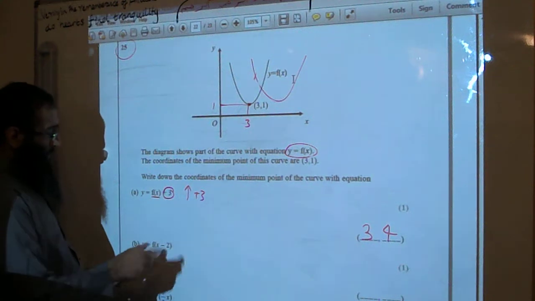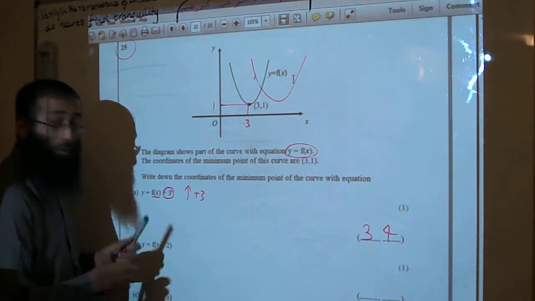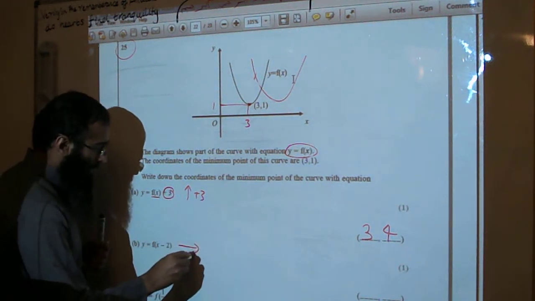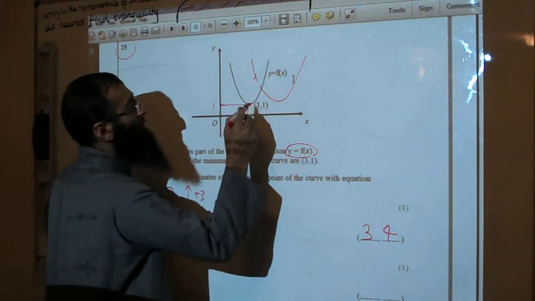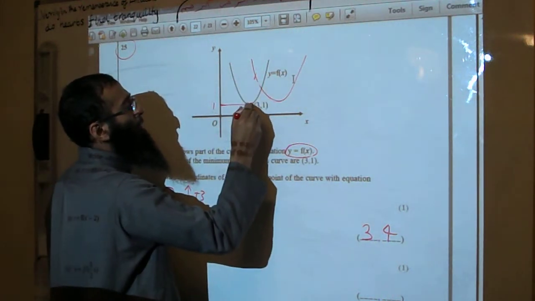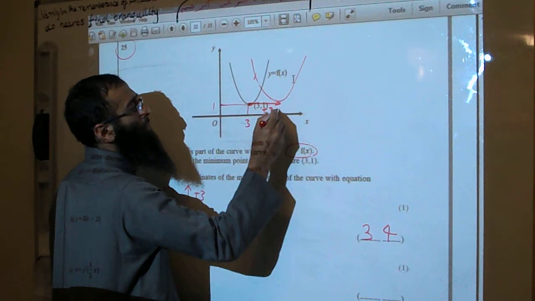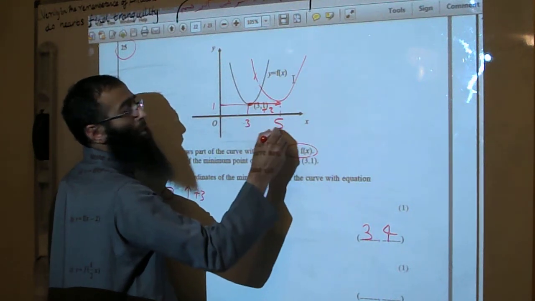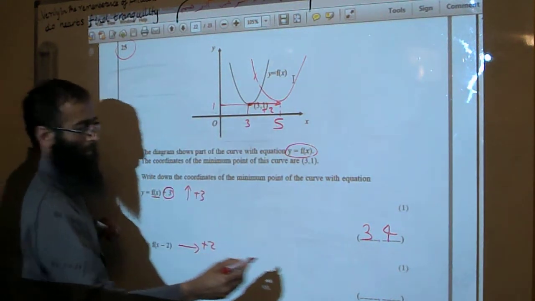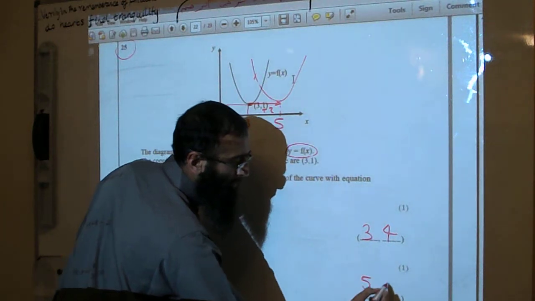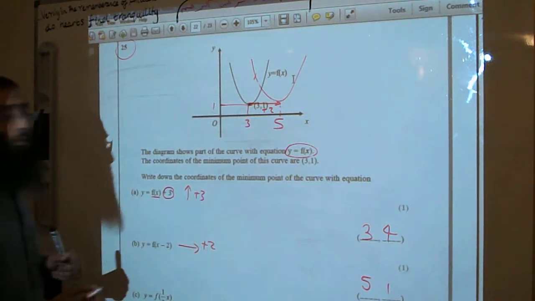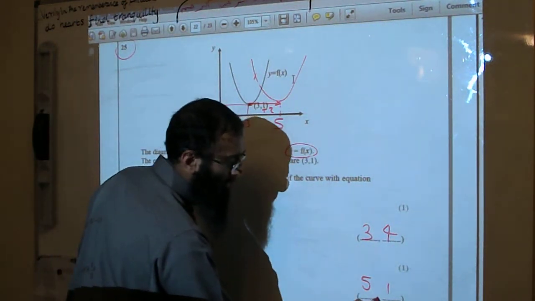Minus 2 inside means we are going to go to the right by plus 2. So from here we're going to go across by 2. So the 3 becomes a 5, but the height stays the same. (5, 1) is the coordinates of the new point.